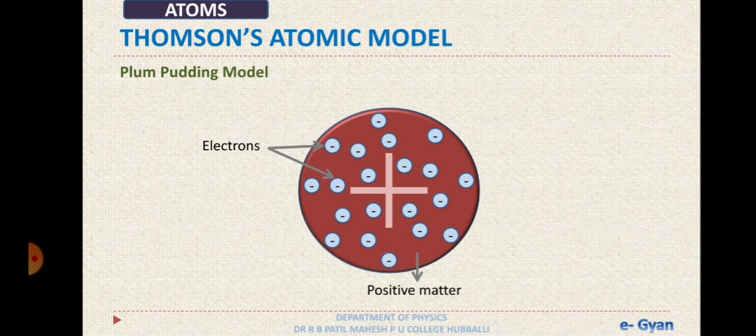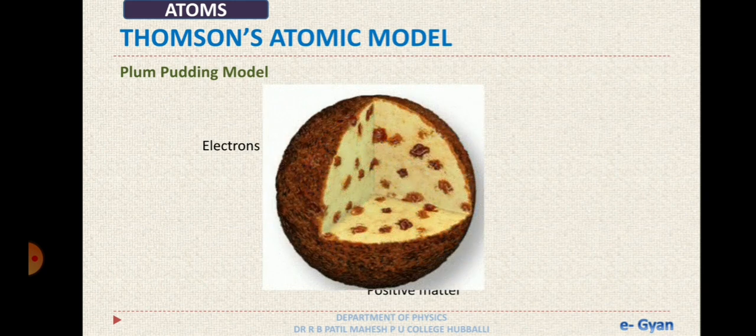This whole model which we are seeing here, since it appeared as plum and pudding, is also called the plum pudding model. Here we have a pudding, and inside the pudding here and there we have plums.